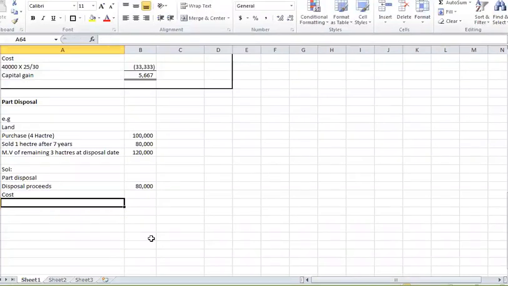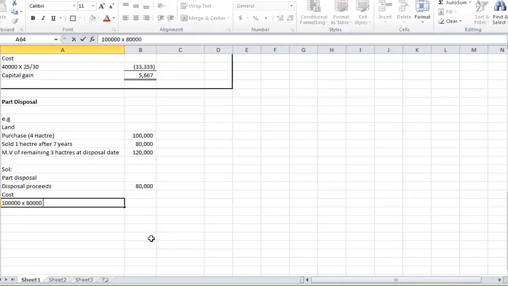So how to calculate cost in case of part disposal? First, you will write down full cost. What is your full cost? We have purchased 4 hectares of land for 1 lakh pounds. So total cost into selling price. What is your selling price? 80,000 pounds.